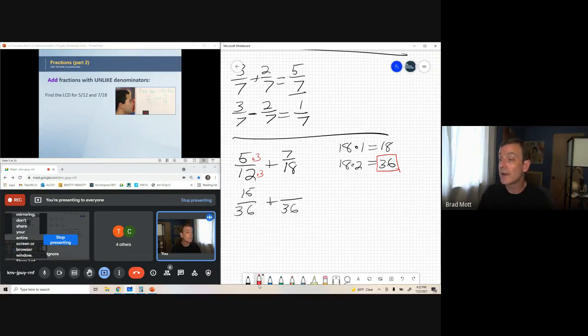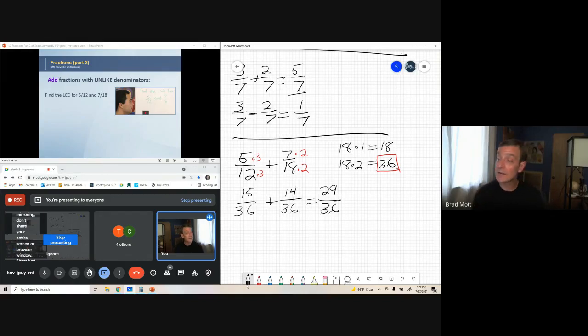We need to multiply 18 times 2 to get to 36, so we need to also multiply 7 times 2. And 7 times 2 is 14. Now we have two fractions with the same common denominator of 36. Let's add the numerators. 15 plus 14 is 29, and 36 goes right there.